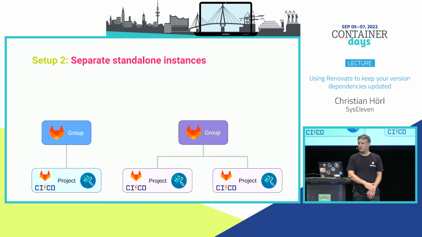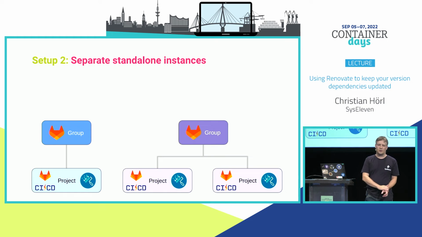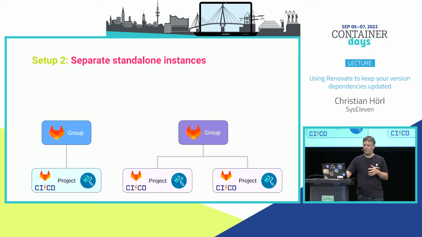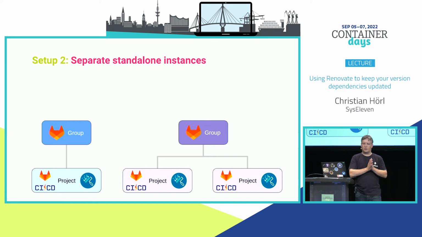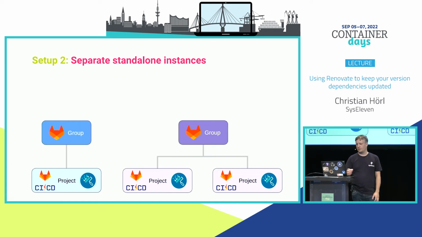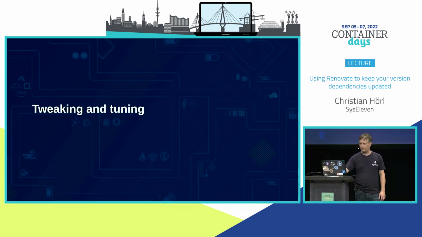And the separate instance version has CI pipelines in each project, and they are triggered on their own. So this is more of a multi-tenant approach. If you have many customers and you strictly want to separate your customers, this would be the approach to go.